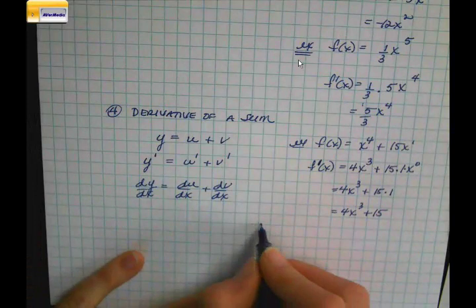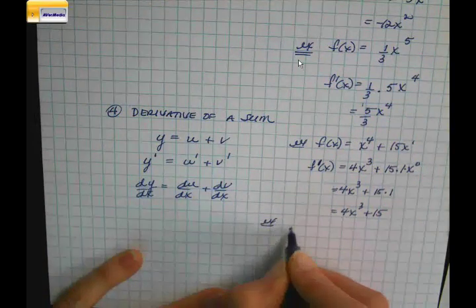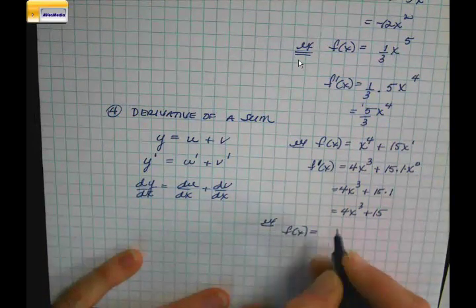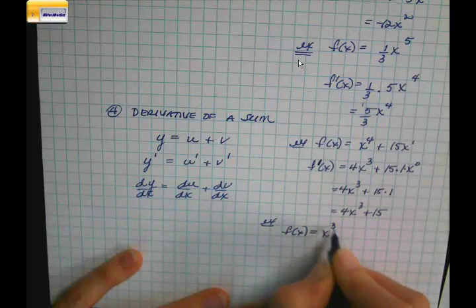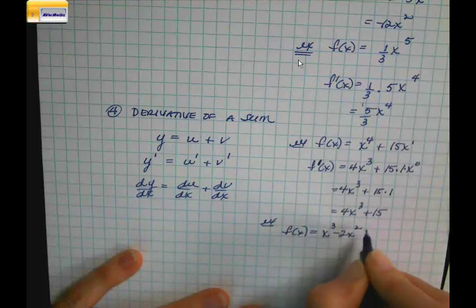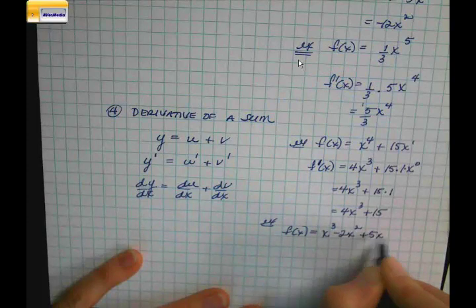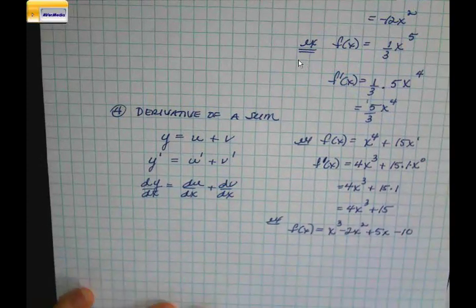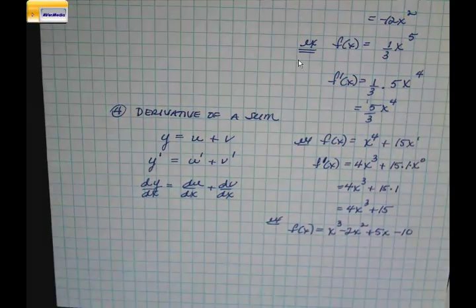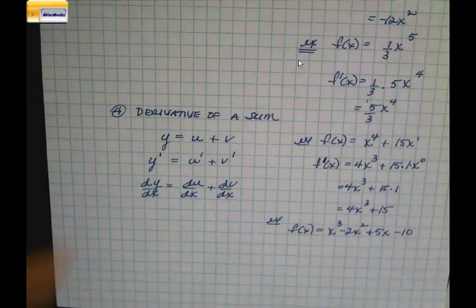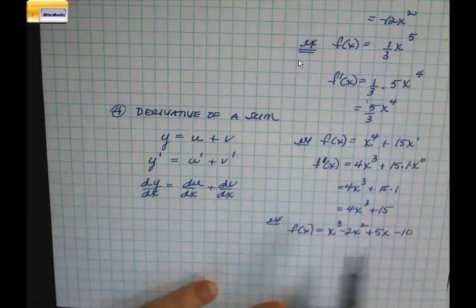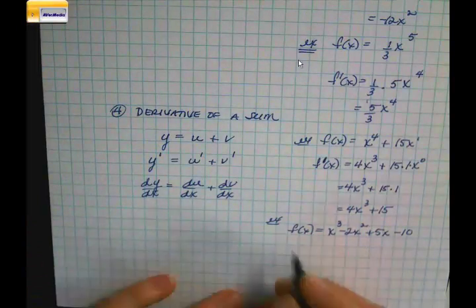Okay, let's try another one. Okay, suppose f of x equals x cubed minus 2x squared plus 5x minus 10. Well, that's a sum of 4 of them, like u plus v plus z plus whatever they want to call it if you were to really go to the rule. So you're going to take the derivative of each term.